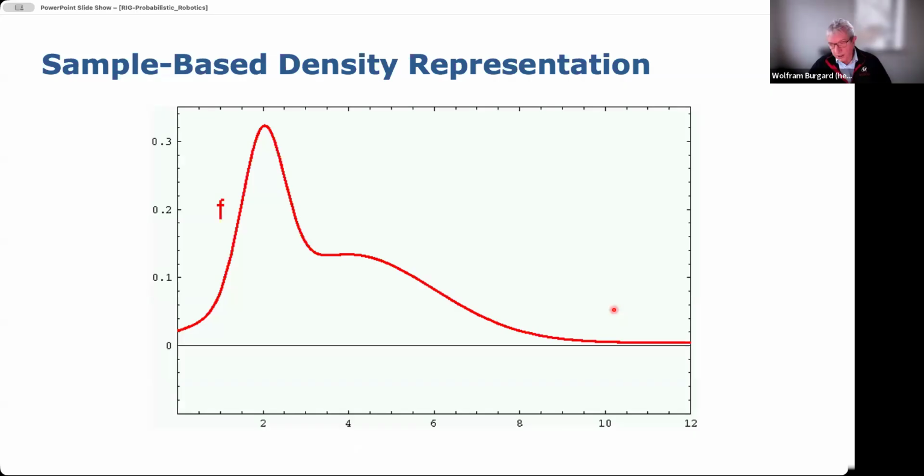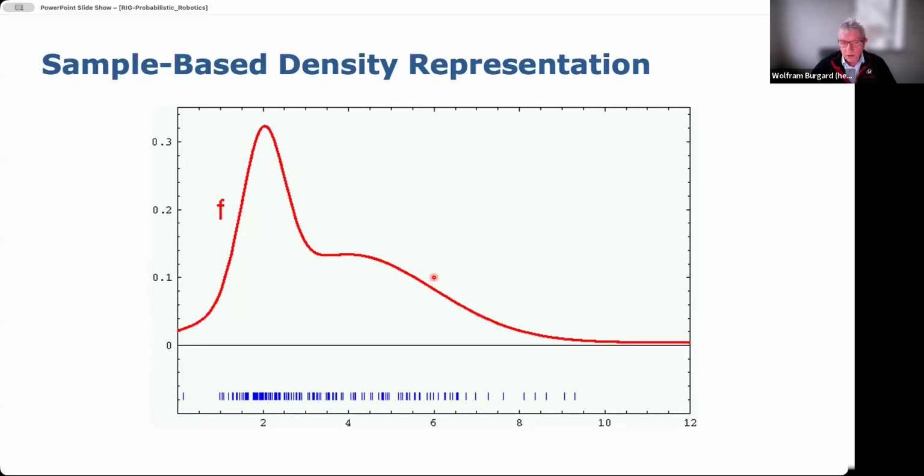But there's also another way of dealing with this, and this is something that we are going to use in the implementation, the so-called sampling-based representations. We're trying to figure out how to represent a function by a set of particles or samples.